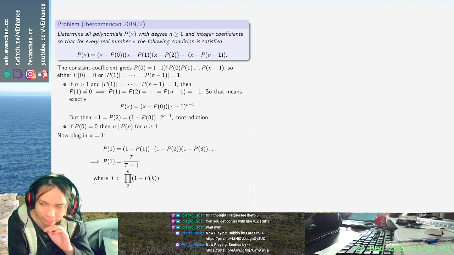That's never an integer unless t equals 0 or... Not even t equals minus 1 is good, no good either.